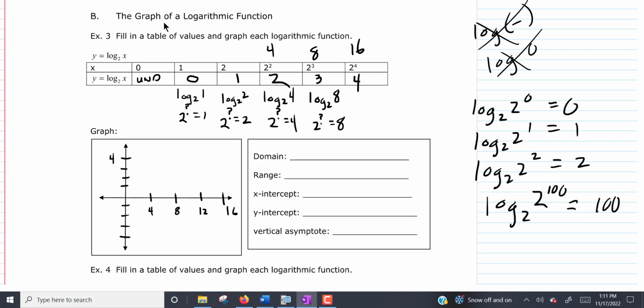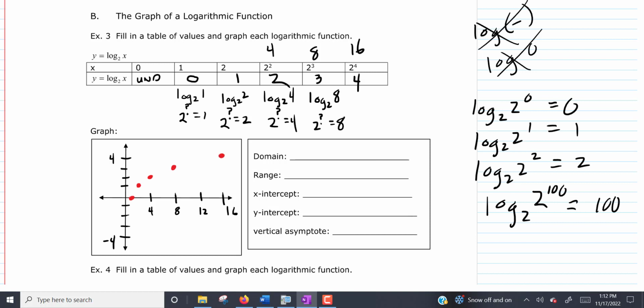Plot (1, 0), estimating where that is. You've got (2, 1). You've got (4, 2). We had (8, 3), and then we had (16, 4) as a point.